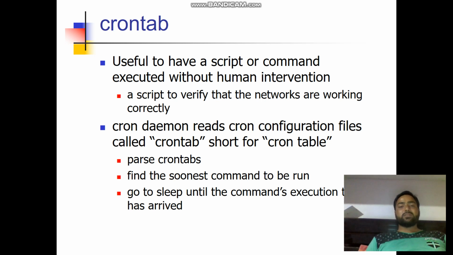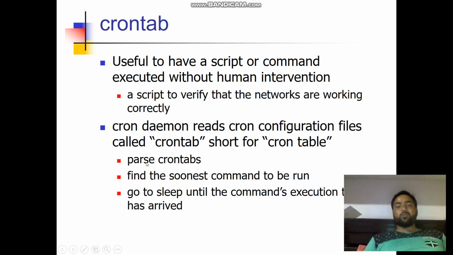Crontabs are handled by the cron daemon, which reads cron configuration files called crontabs, short for cron table. It is the cron table which contains the information about the commands that are to run in the system.